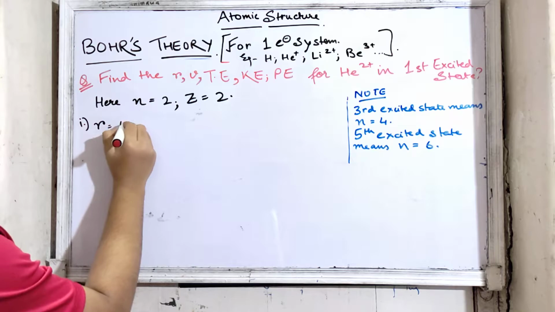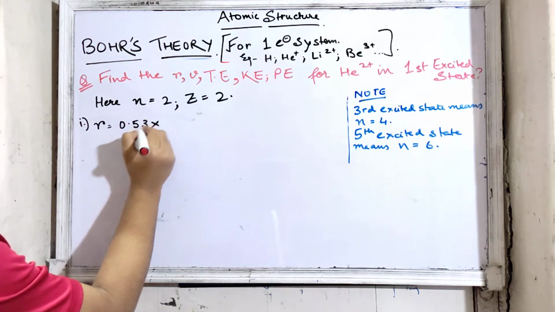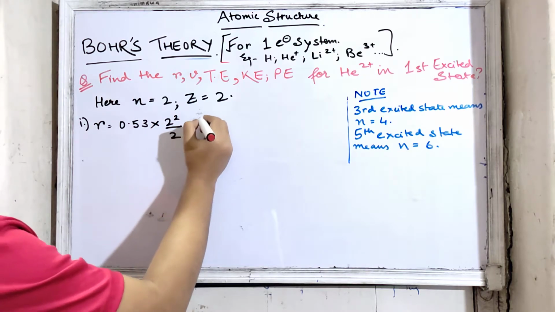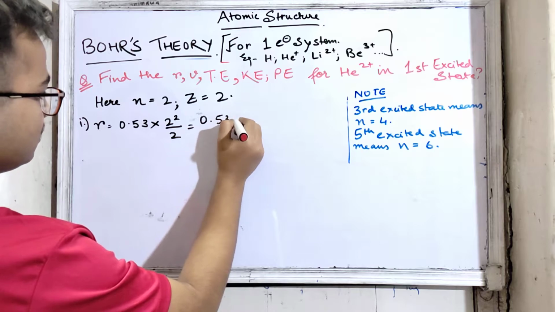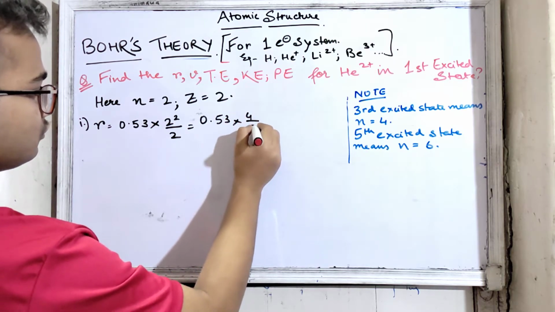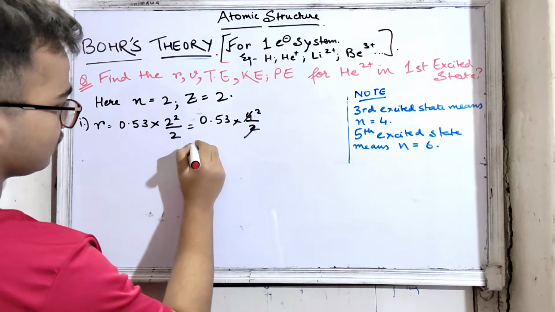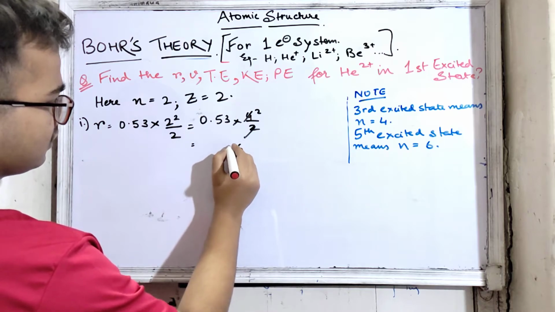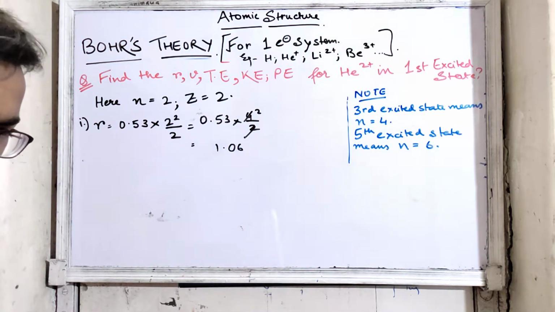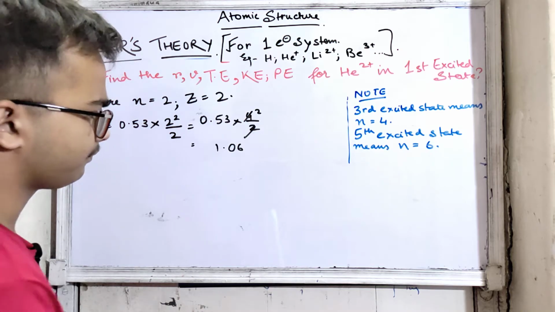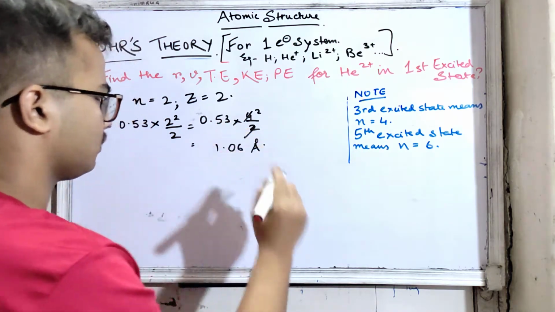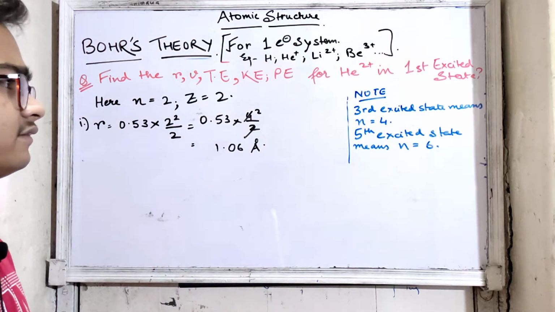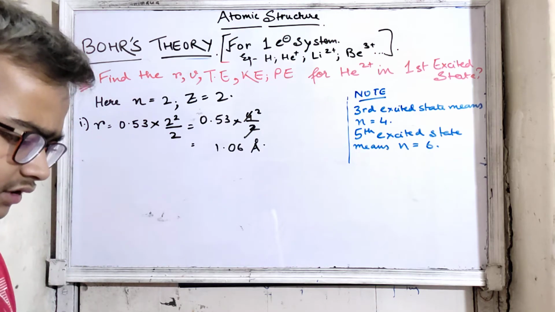We know r equal to 0.53 into n square by Z, which is 2 square by 2, equal to 0.53 into 4 by 2. So 2 and 4 get cancelled, so it comes, I'm sorry, this will be 1.06. This will be in angstrom. Okay, done. So this was about finding the radius of the orbit or the shell.